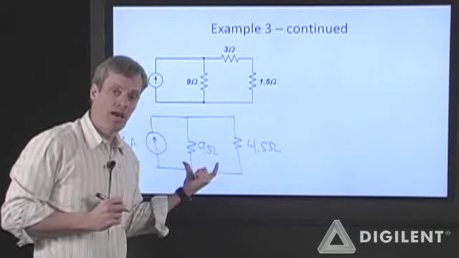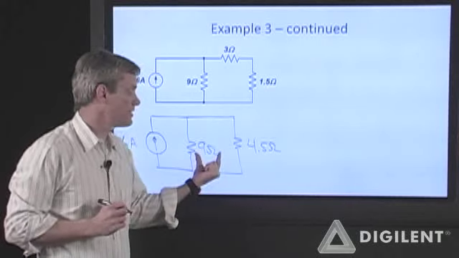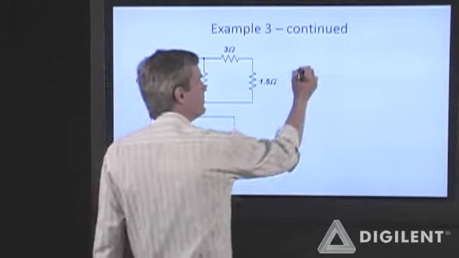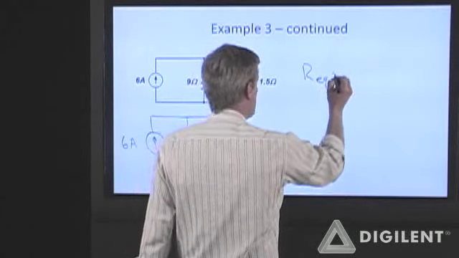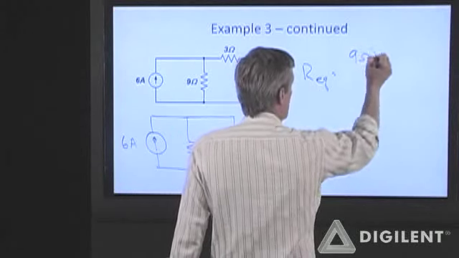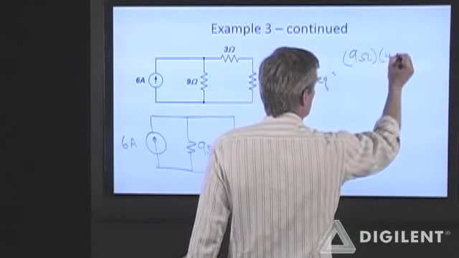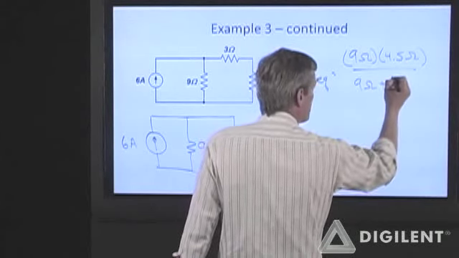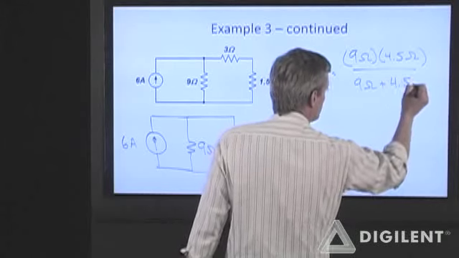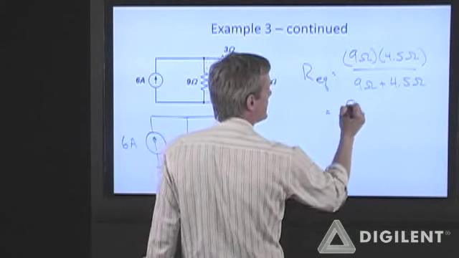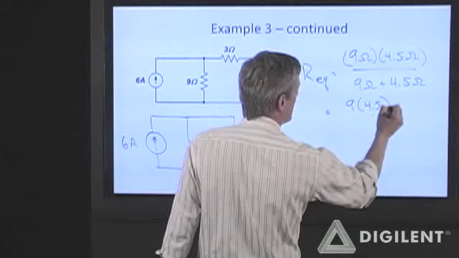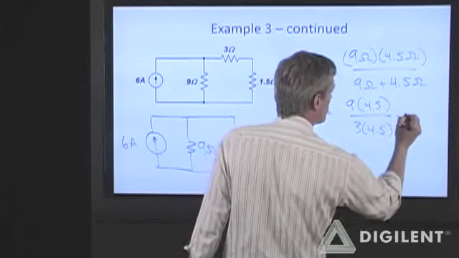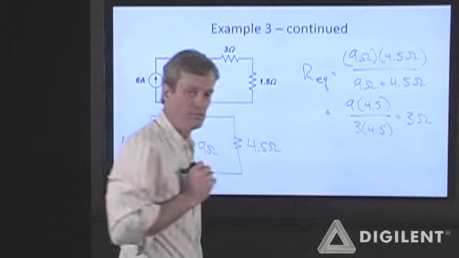Again, we have a parallel combination of 2 resistors. I can take the product of the resistances, divide that by the sum of the resistances to get the equivalent resistance. So Req is 9 ohms times 4.5 ohms over 9 ohms plus 4.5 ohms, which becomes 9 times 4.5 over 3 times 4.5, or 3 ohms.